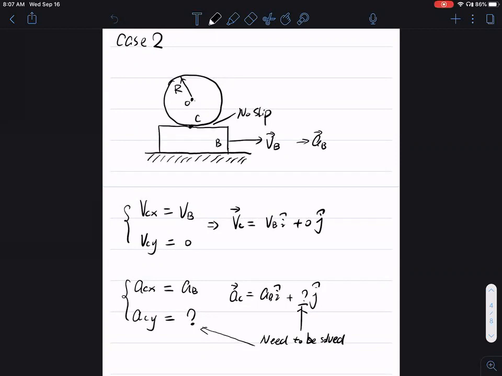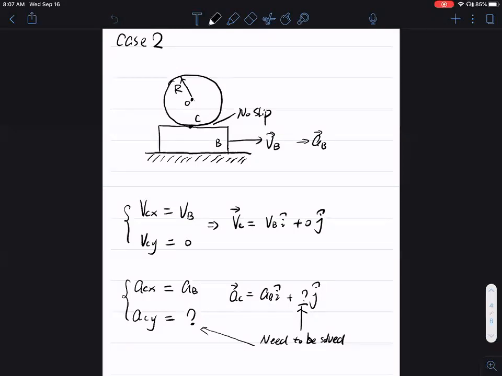Under this case, we know everything about velocity at point C. However, we only know 50% of the acceleration at point C. For acceleration at point C, we only know the x direction equals the acceleration of that block B, but we don't really know the acceleration in the y direction for case two.